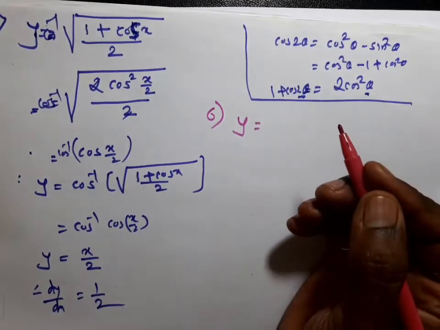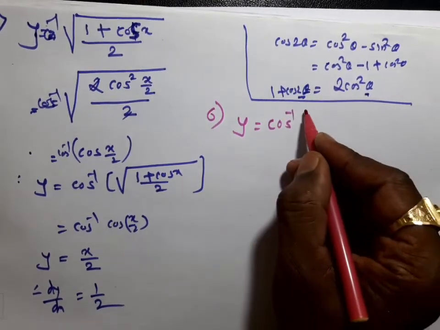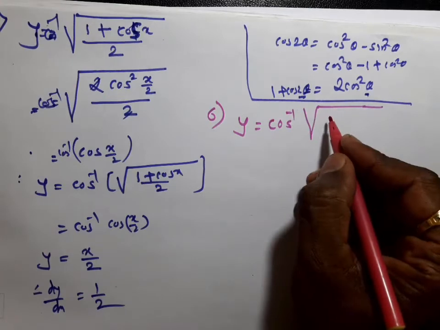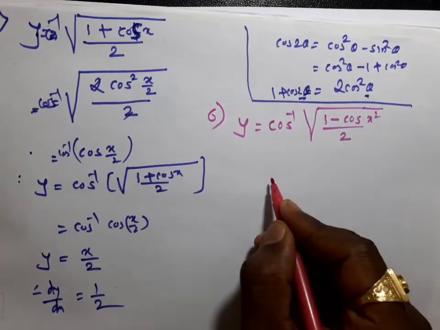y is equal to cos inverse of the square root of (1 minus cos x square) upon 2.